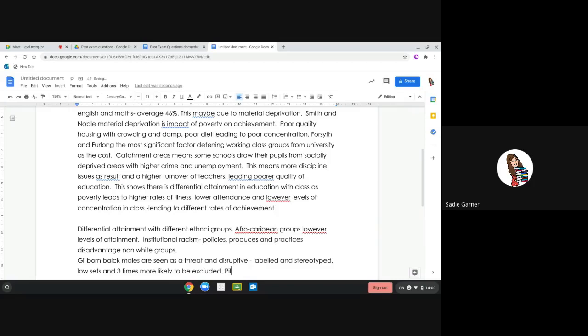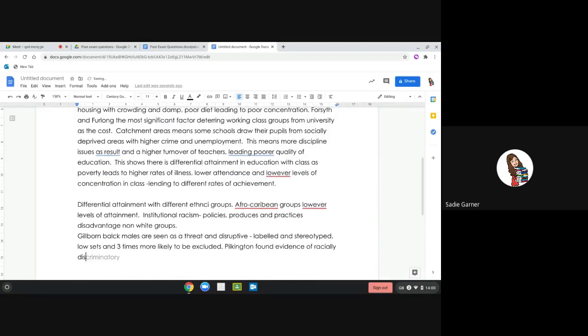For Pilkington, Pilkington found evidence of racially discriminatory practices in the allocation of pupils to sets.